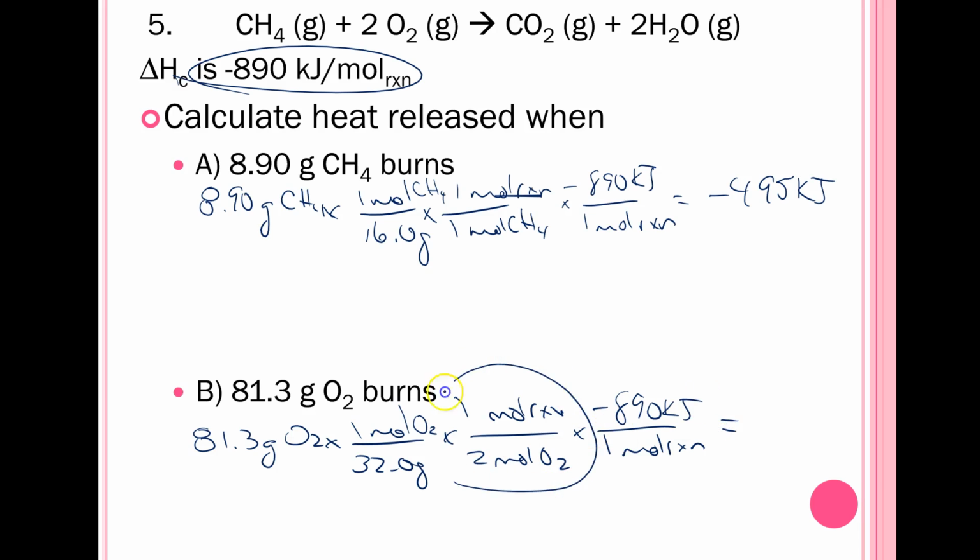So it's just a little bit different way of doing stoichiometry. You're still changing from moles of the reactant using the balanced equation, but you're always going to change it into 1 mole of the reaction. So if you did the math here, you get negative 1130 kilojoules. Now let's keep in mind that negative, all that means is it's exothermic. The magnitude of the heat is what you're concerned with mostly.